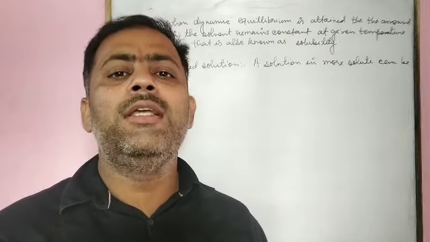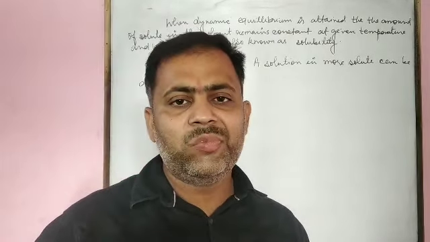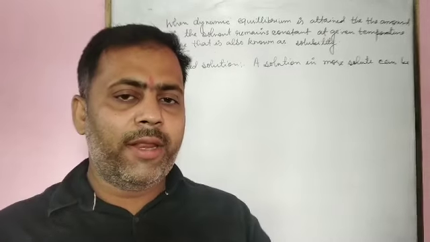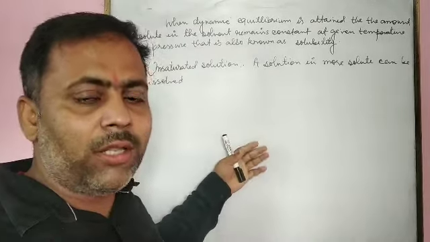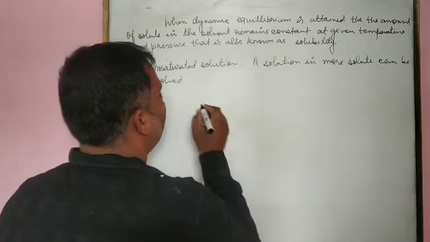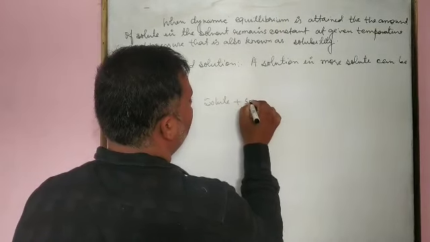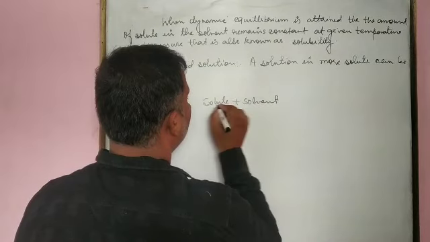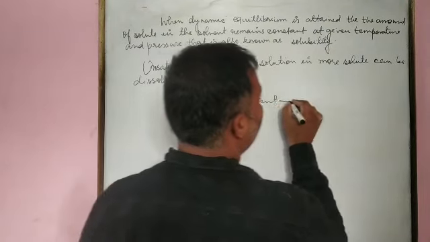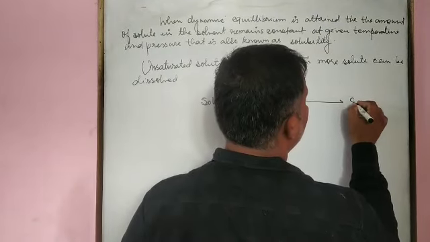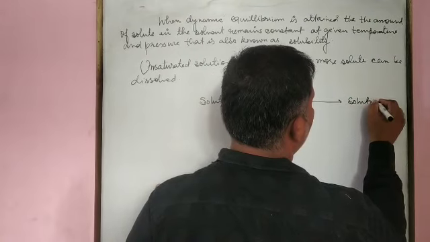We know Le-Chatelier's principle: if an equilibrium is attained, we see here there is an equilibrium. What is that one? Solute plus solvent gives solution.